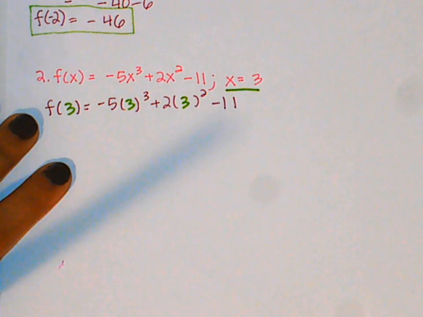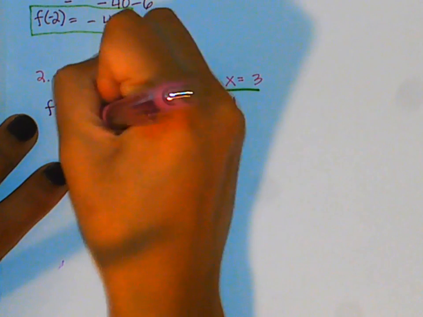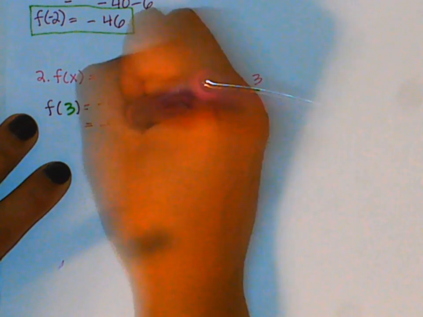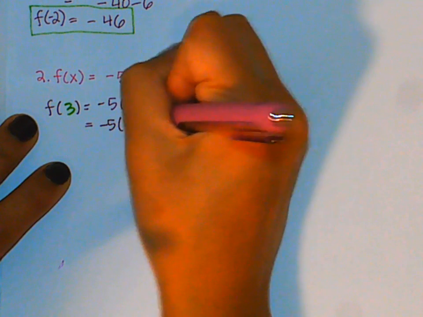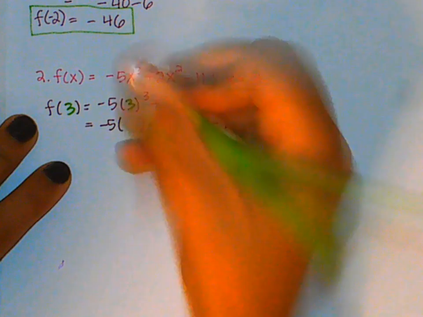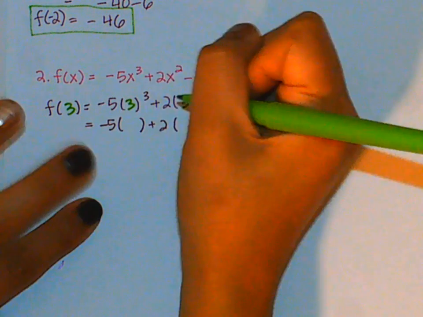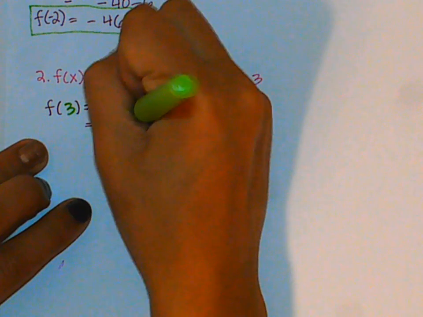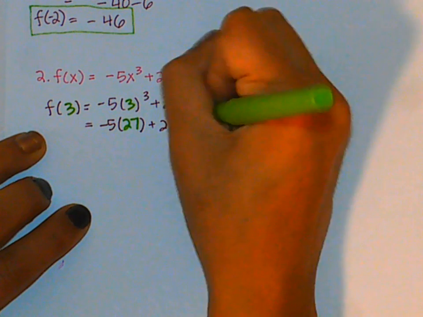So again, I want to make sure that I do my exponent first. So 3 to the power of 3 is 3 times 3 is 9, times 3 is 27. 3 squared is 3 times 3, which is 9.